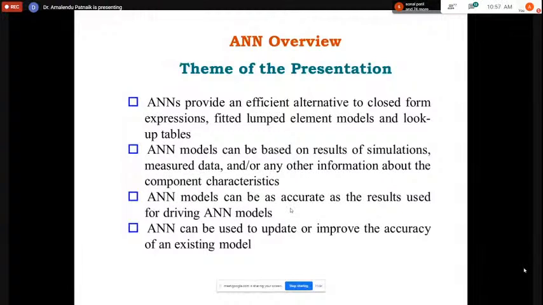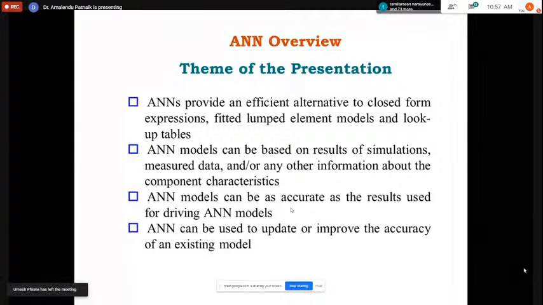You just put the values of parameters, directly you will get results in closed form solutions, or in lookup tables. From the lookup table, you just see where your parameters are fitting, and from that you can find out the solution. These ANN models can be as accurate as the results used for driving ANN models.